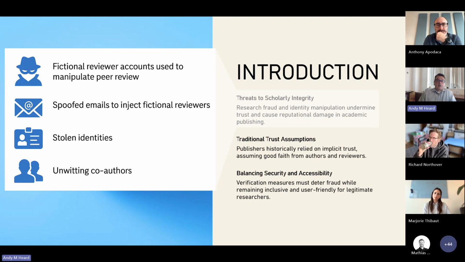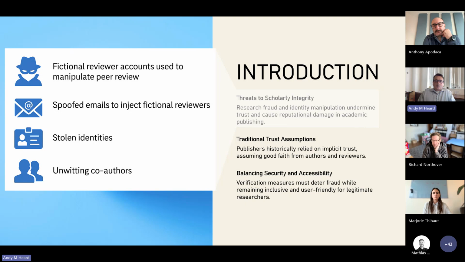Spoofed emails are created to represent some authoritative figure to manipulate the peer review process. Stolen identities, where people are masquerading as someone else and asking for things to be done, again manipulating the peer review process.